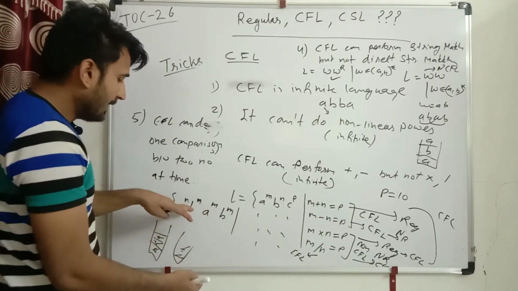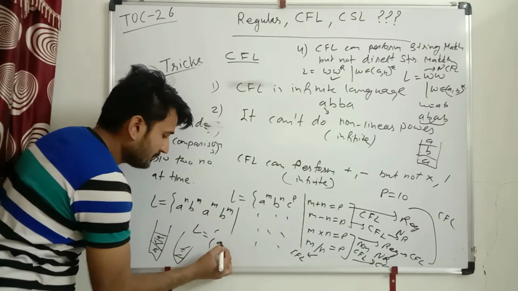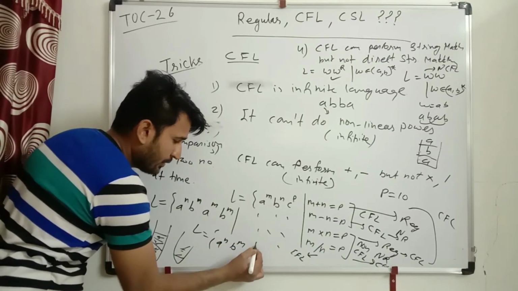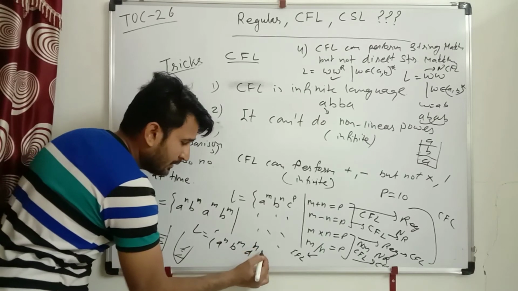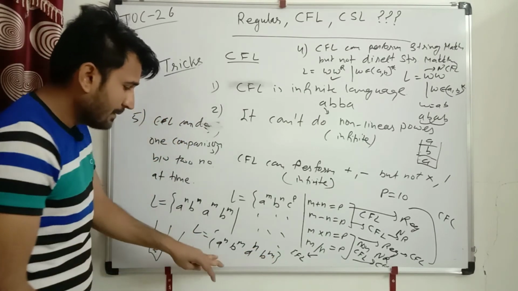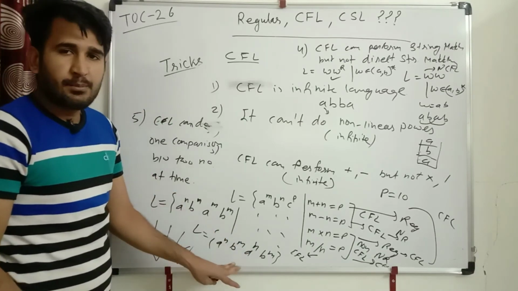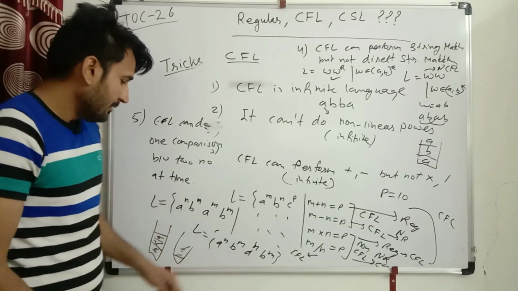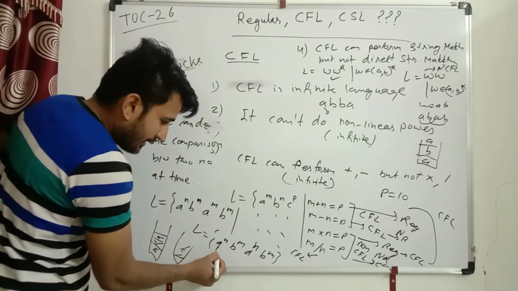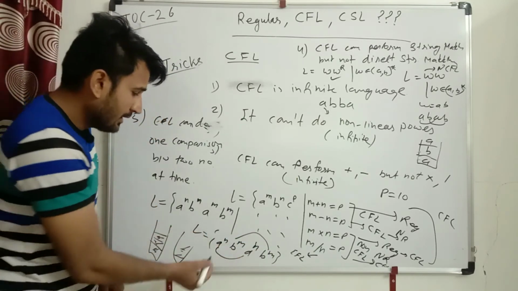It is not compared with the other count. Okay, if the given language is like this, a power n, b power m, a power n, b power m, then it can't be a CFL because it has to match this and this, and it can't perform that.